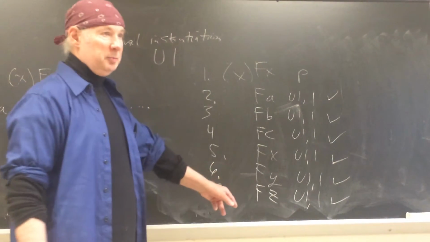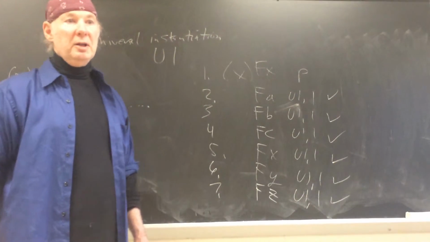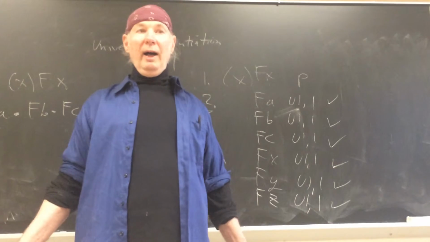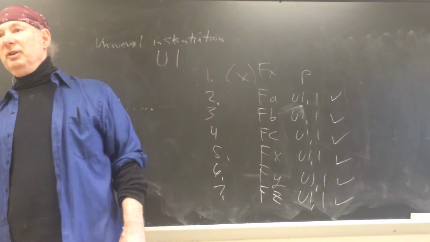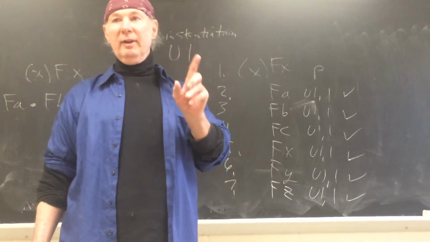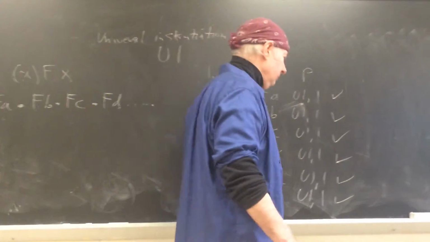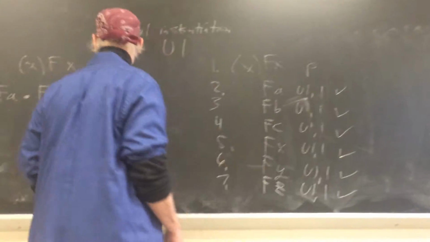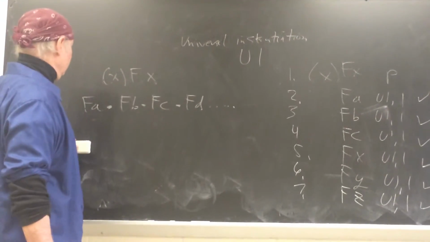Every one of these moves in this proof is legitimate. So that tells you UI allows you to do almost anything, except for the following. There's one thing you can't do, and it is the following.